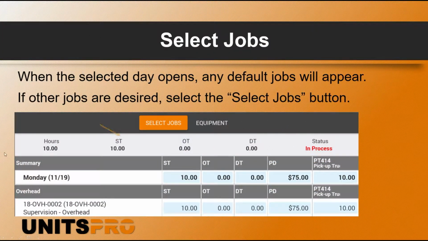So as you get in here, it's going to have you select your jobs. This individual has a default set, so the default came in with their default 10 hours, the per diem, and the default truck.